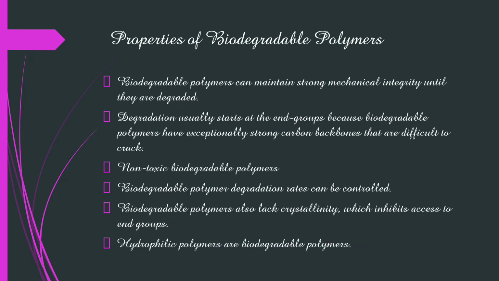Properties of biodegradable polymers. Let us see some of the properties. Biodegradable polymers can maintain strong mechanical integrity until they are degraded. Degradation usually starts at the end groups because biodegradable polymers have an exceptionally strong carbon backbone and are difficult to crack.